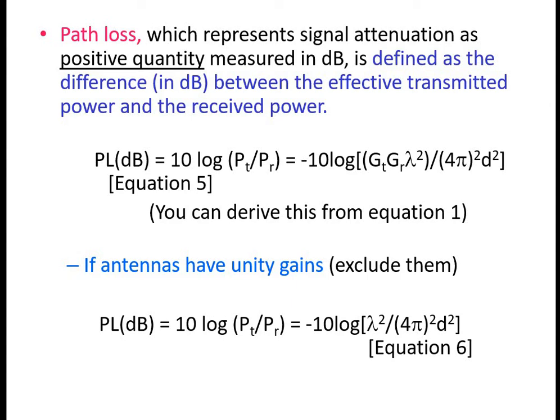When we put in that expression, it comes as minus 10 log GT GR lambda square divided by 4 pi the whole square d square. If antenna gains are not included, then the same expression becomes minus 10 log lambda square divided by 4 pi the whole square d square.